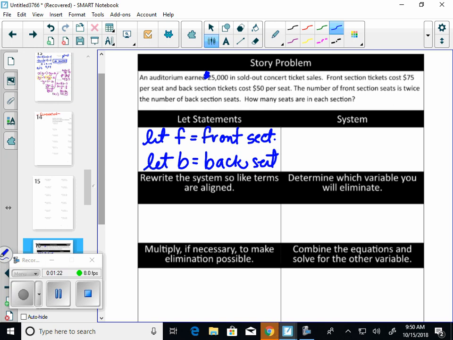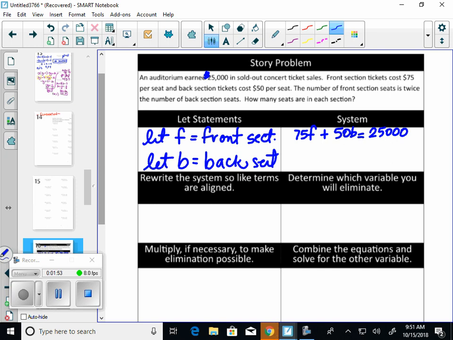So I could say that 75 times F, the number of front section tickets, plus 50 times the number of back section tickets will total 25,000. Does that make sense, and is that okay? All right.